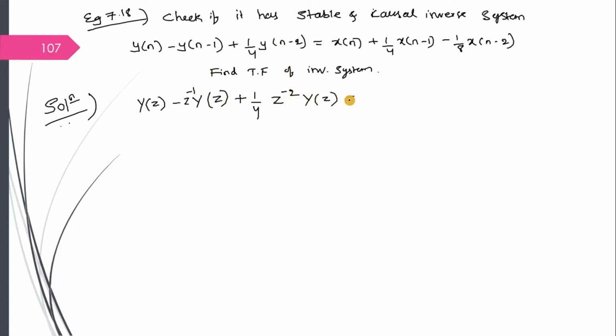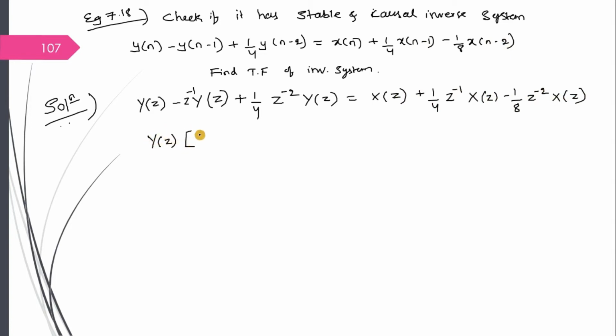This is how we write. So x of n means its z transform is X of z plus 1 by 4. Here n minus 1 is there. Hence by time shift property, I'll get this term X of z minus 1 by 8. So here I get z raised to minus 2, because in the place of k I'm having 2, X of z. So now I take Y of z common here.